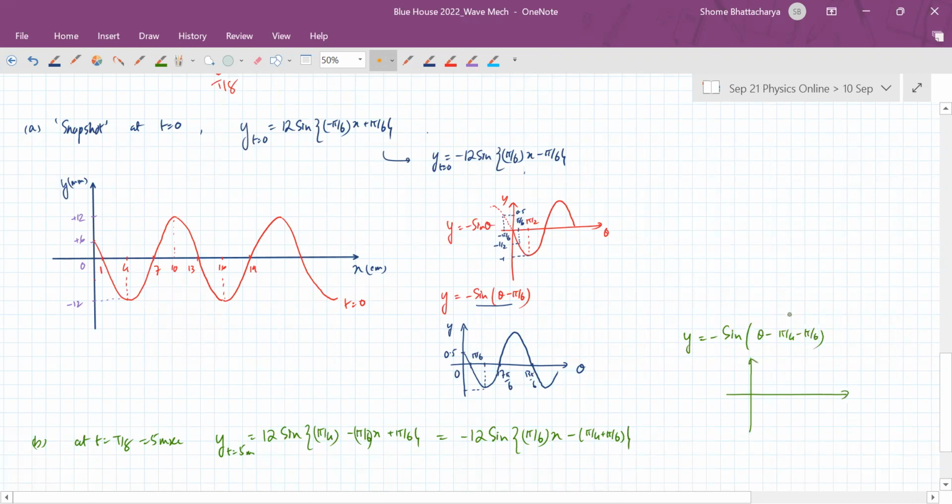So if you compare this graph with this graph, subtracting minus pi by 4, the point here which was at minus pi by 4 shifts to the origin. This point will become 1 by root 2 now.